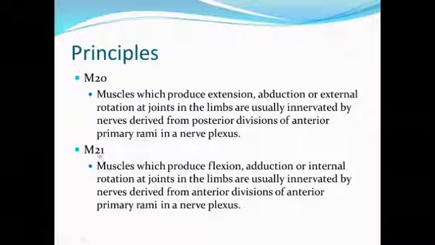And principle M21 tells us muscles producing flexion, adduction or internal rotation at joints in the limb will be innervated by nerves derived from the anterior divisions of anterior primary rami in a nerve plexus. So there's a pattern of innervation that's important for you to remember.